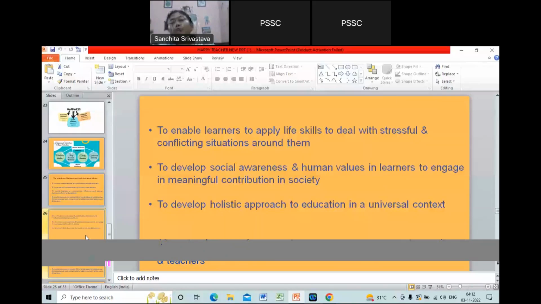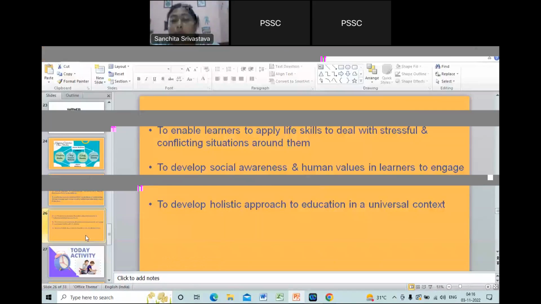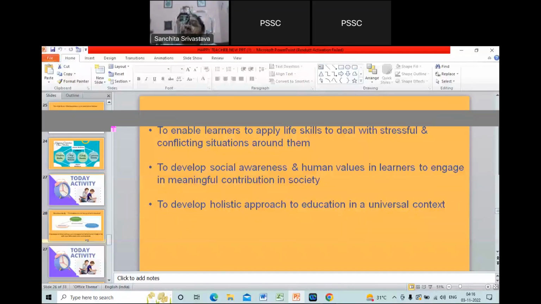Then we should develop a holistic approach to education in a universal context. That means happily you are giving the education, happily the child is learning. But ultimately, what is the final goal of this teaching and learning outcome? The holistic approach means what? Happily, the learning skill is inculcated.